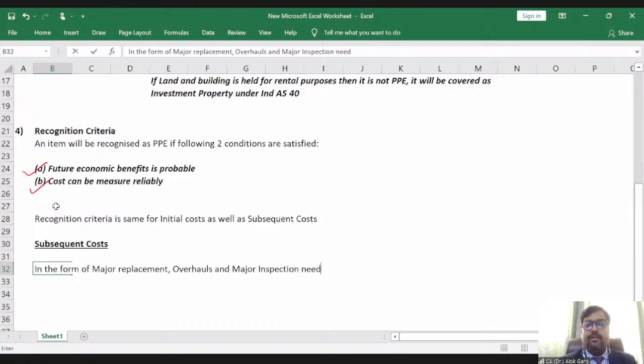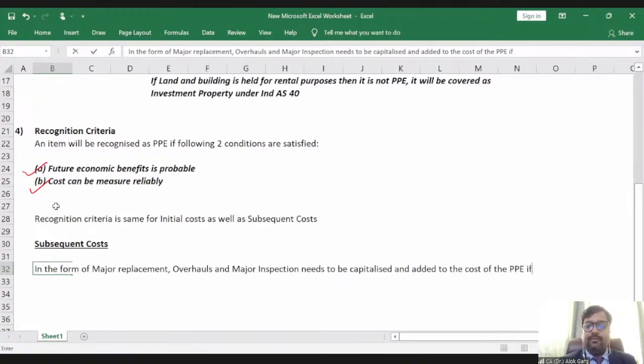Inspection needs to be capitalized and added to the cost of the asset, the cost of the PPE.